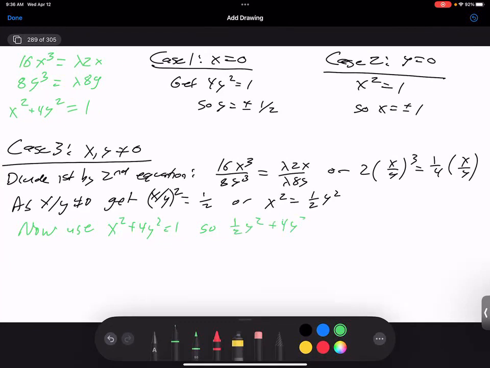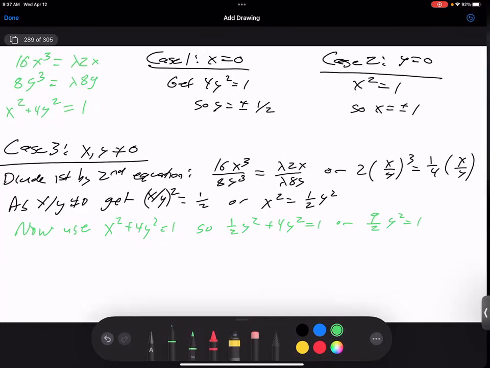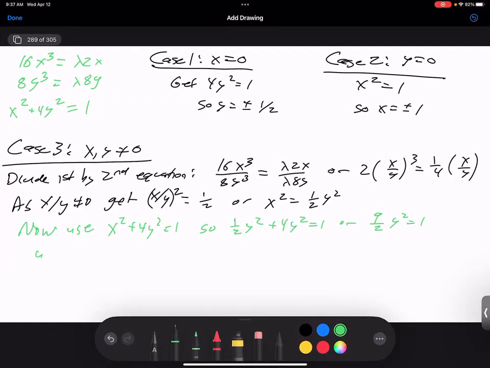plus 4y squared equals 1, or 9/2 y squared equals 1. Wouldn't it be 1/2 y squared squared? No. It's x squared. Oh, x squared. It's x over y quantity squared. It's almost like I chose these numbers at home to make things work, or have done this for so many years that I don't even need to choose them at home. So now we get y squared equals 2/9.